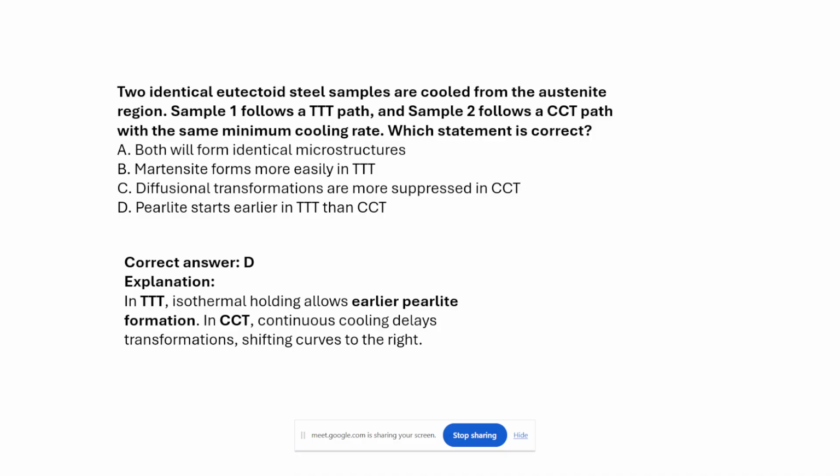Diffusion transformations are more suspended in CCT. Pearlite starts earlier in the TTT than in the CCT. Why? Because the TTT diagram is shifted a bit towards the left side, so the cooling curve will first touch the TTT diagram. So that will be the answer, D.